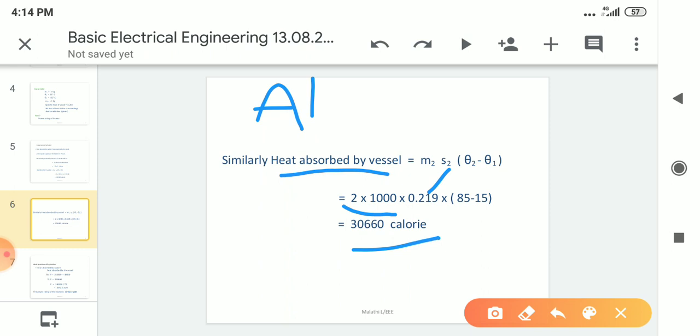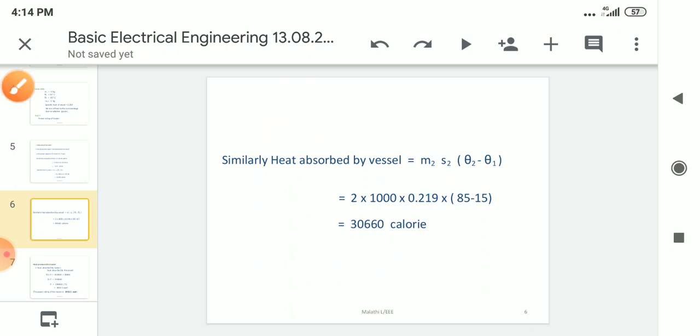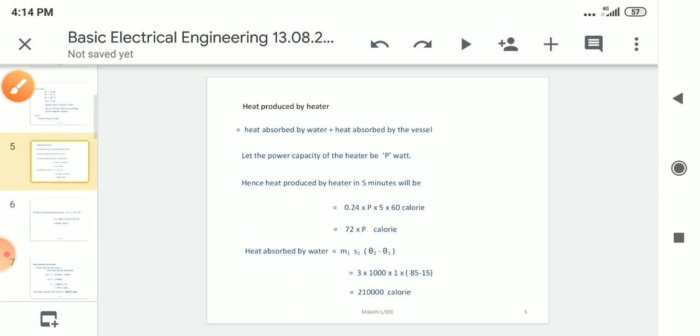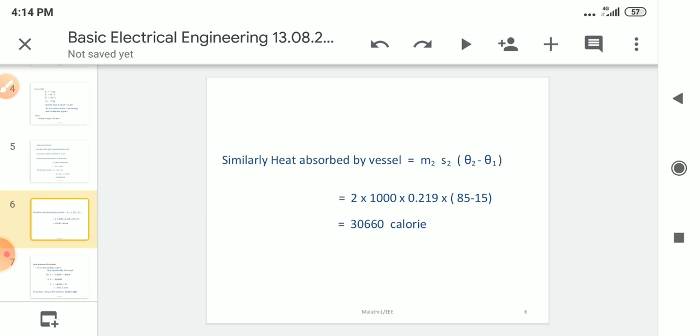Now our final output is a combination of two things: heat absorbed by water and heat absorbed by vessel. We have to add these two. In this we found 21,000 calories, in this we found this value.